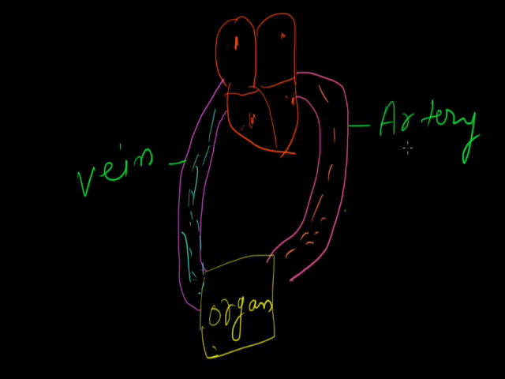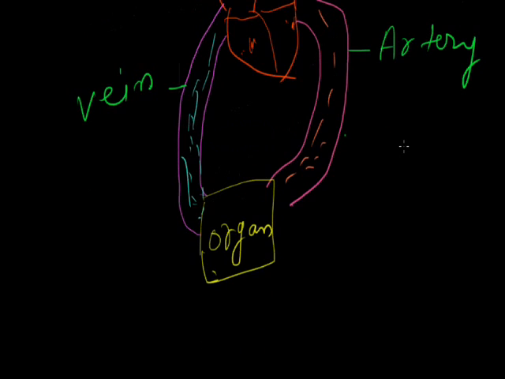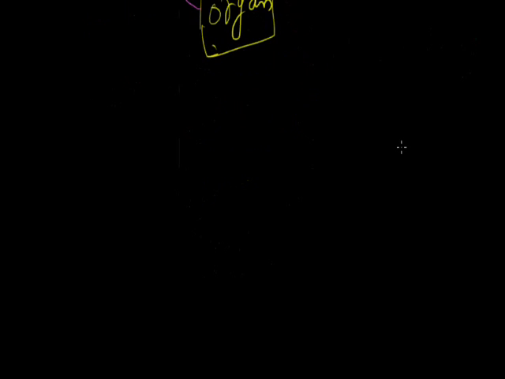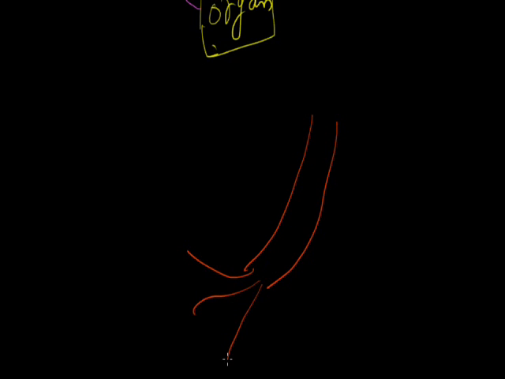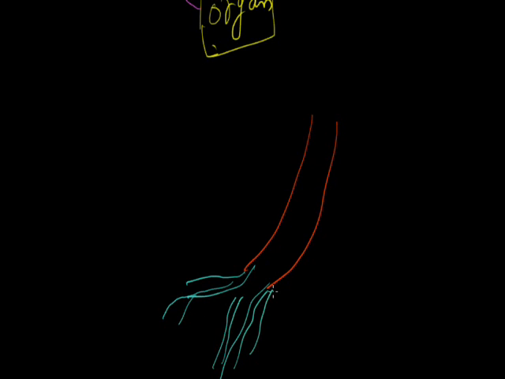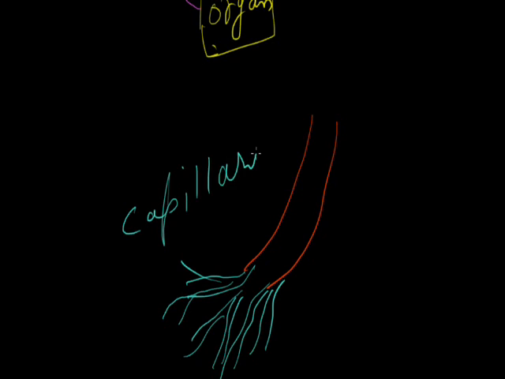So in the entire pipeline system, we have two kinds of major pipelines, arteries and veins. Basically arteries intermix with the veins. If I draw the diagram of the artery, suppose this is the major artery coming to the organ. The artery will spread into minute pipelines which supply the different body parts, and these minute pipelines are termed capillaries. Capillaries reach the different organs.